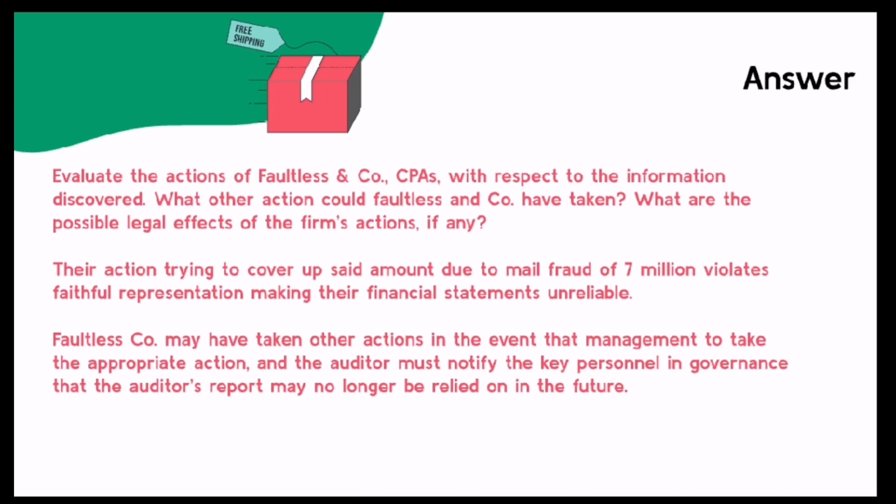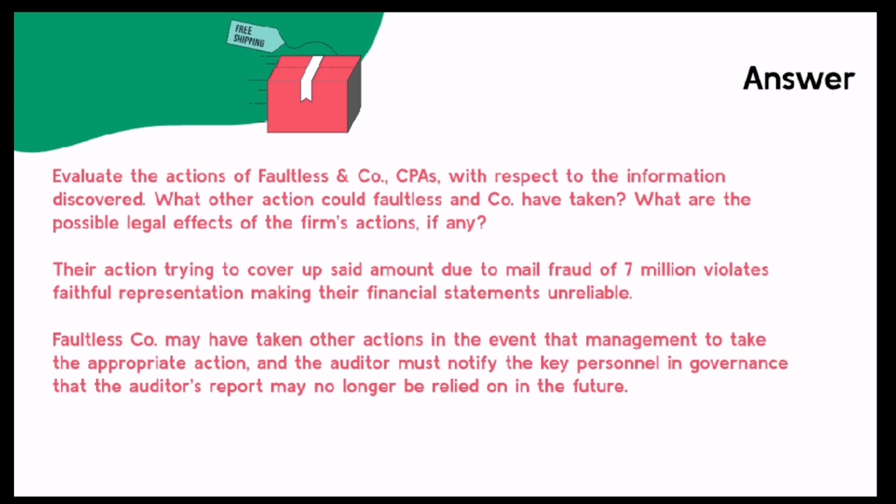Faultless and Company may have taken other actions in the event that management did not take the appropriate action, and the auditor must notify key personnel in governance that the auditor's report may no longer be relied on in the future. We can also conclude that the affected parties will include the management of HC and, if necessary, relevant members of the governance team in this situation.